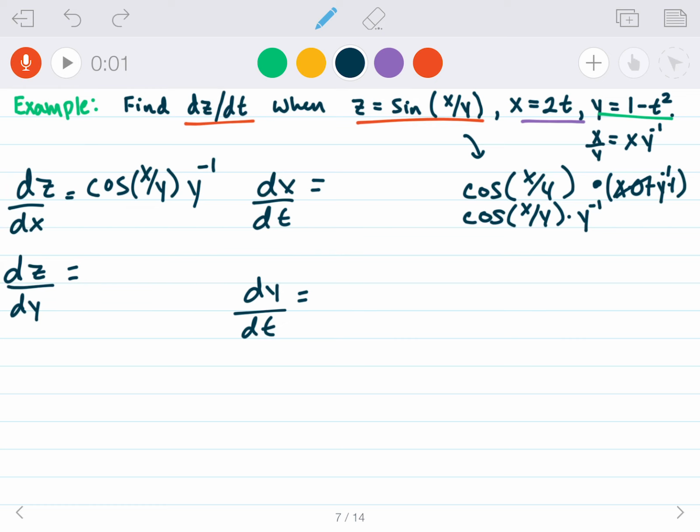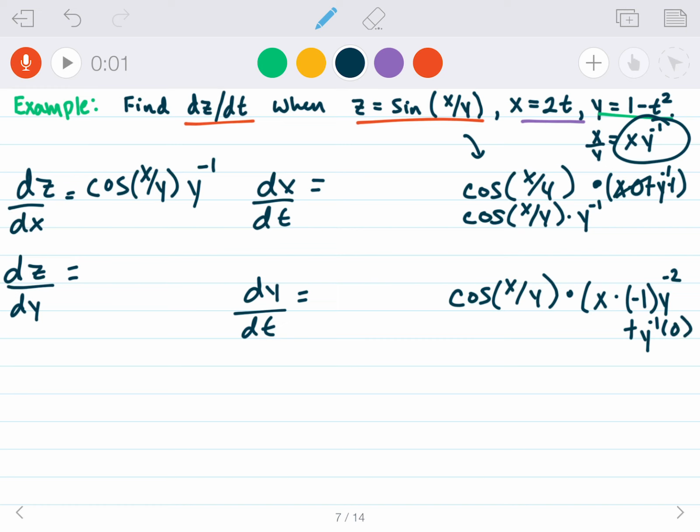All right. Now with respect to y, let's do dz/dy. So again, chain rule says I take the derivative of the outer function, multiply by the derivative of the inner function. So what's the derivative of x y to the negative 1 with respect to y? Well, I keep the first, x, multiply by the derivative of y to the negative 1, which is negative 1 y to the negative 2, plus keep y to the negative 1, take the derivative of x, which is 0.